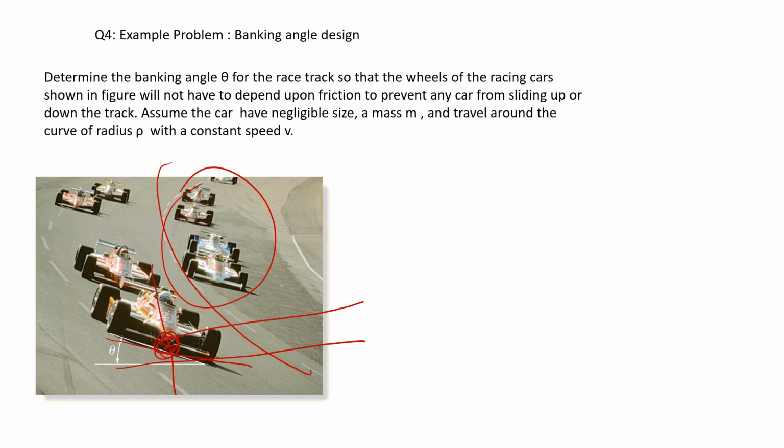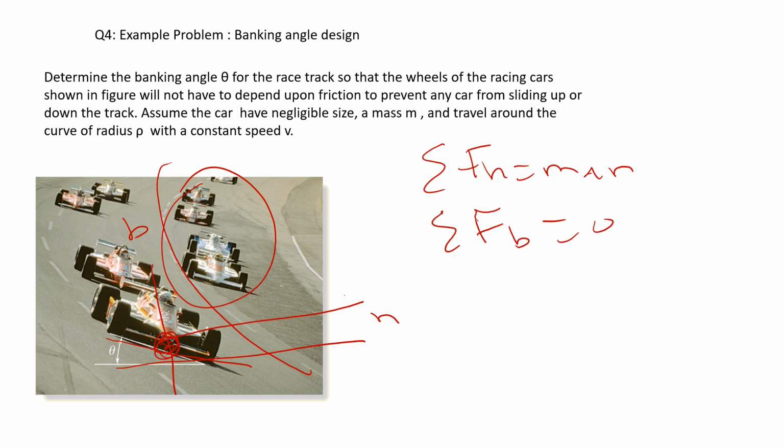In this case, we tend to have the components of all the forces in the normal and binormal directions, and then find the summation of Fn equals m an, and the summation of force in the binormal direction is 0. Again, you have to make the kinetic diagram of this one as well.